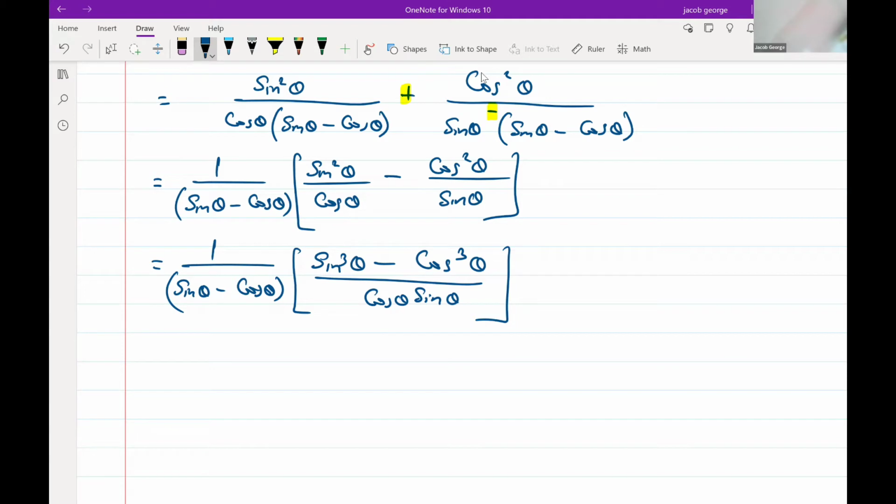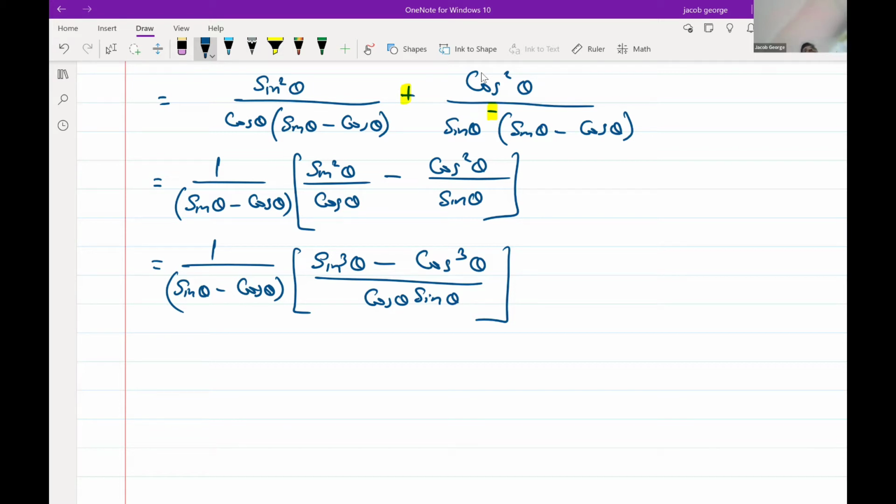Is it clear, Simon? Here, positive by negative, I wrote negative here, and we took sin theta minus cos theta outside. So numerator is 1. Then I took the LCM. First fraction multiplied by sin theta becomes sin cube theta, and second fraction you will multiply by cos theta, and this becomes cos cube theta.